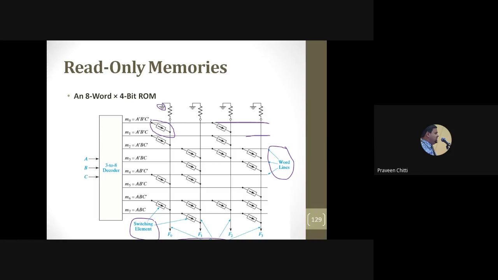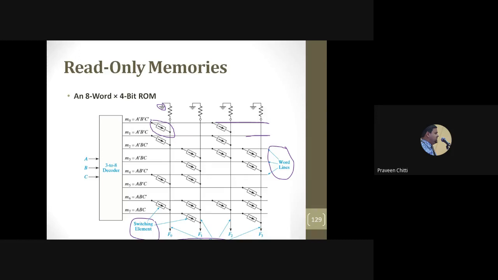It is very simple: how exactly can the ROM be used for implementing any Boolean function using simple fuses or switching elements? Concentrate only on the one I have encircled and forget about all the others.